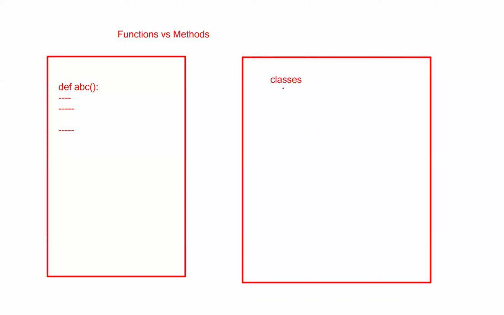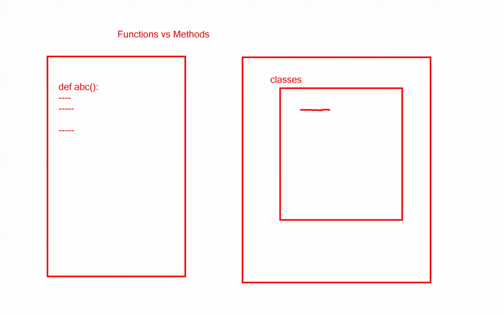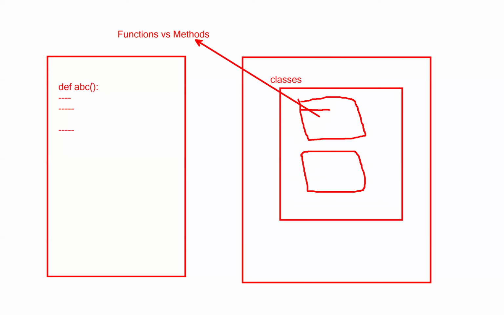When you create reusable functions inside classes, those are known as methods. And when you create a reusable piece of code separately without any class, those are known as functions.